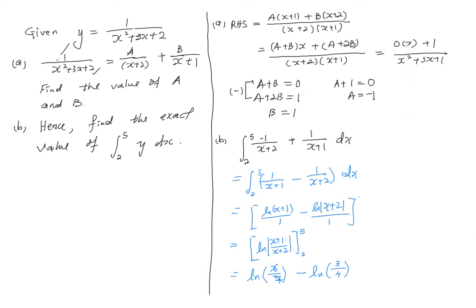Okay, so you need to simplify this. We know that when we talk about ln with a minus, we will say 6/7 divided by 3/4. You got a calculator, you can use your calculator. So this will be ln 8/7. Am I right? So this is your exact value.